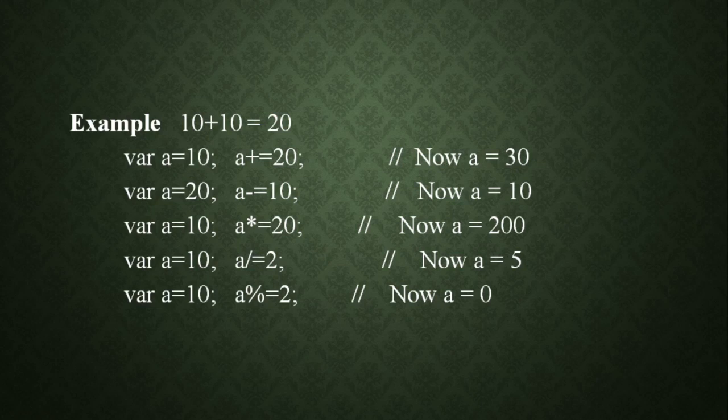The value of a is 10, and the plus value is 20. Now the resultant value is 30. Similarly, with a of 20, a minus equals 10, the result is 10. Similarly, a multiplied by equals 10 or a multiplied by equals 20. Similarly, division and modulo operations.